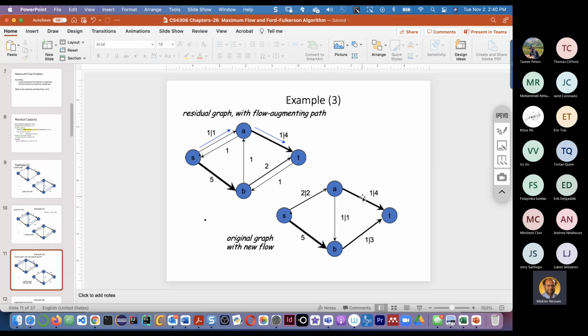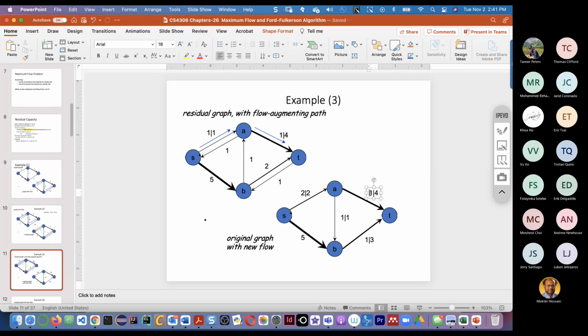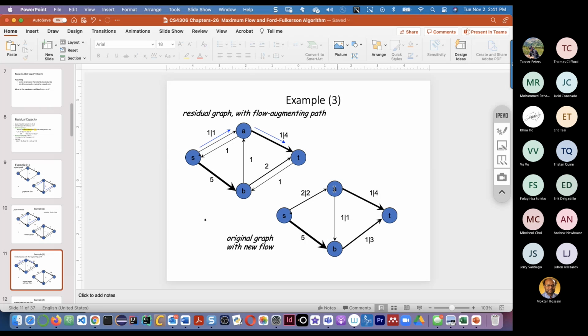Then its capacity will be 4 minus 1, 3 remaining, and it has 3 minus 1, 2, and it has 5, and it has 2 minus 2, which will be 0. This path will have 0 residual. This path has 3 minus 1, 2, this path will have 4 minus 1, 3, and this path has 5. It did not get touched.